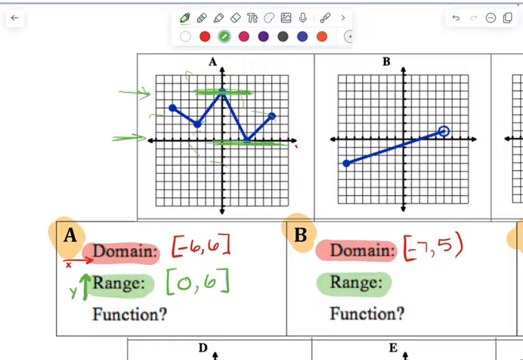So for B, this right here is your lowest point. You're going to go across, find where that is on the y-axis. This is your highest point. Find what y value that is. So the lowest or least y value is -3. And it is a closed dot there, so we're going to include it. The highest y value has an open dot there at +1, so parenthesis.